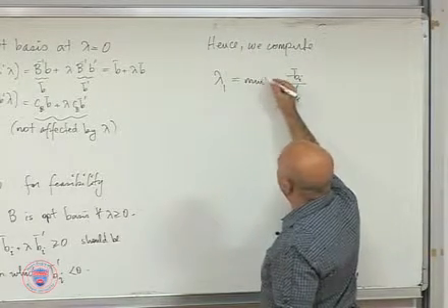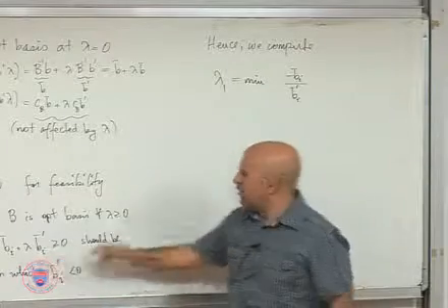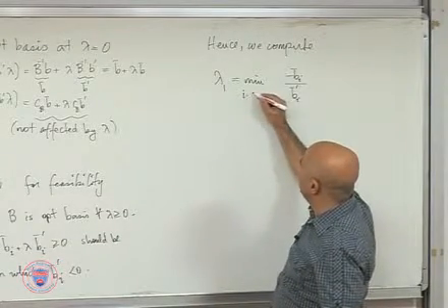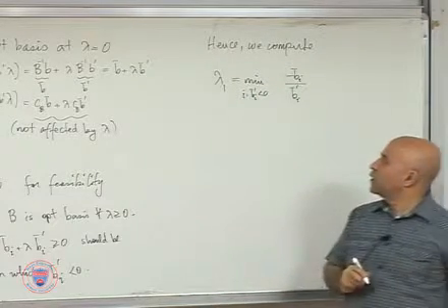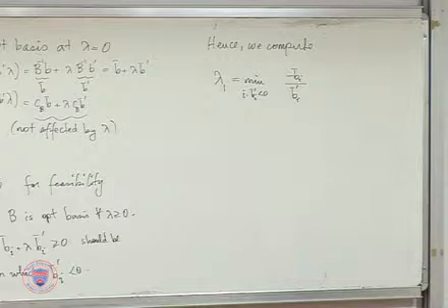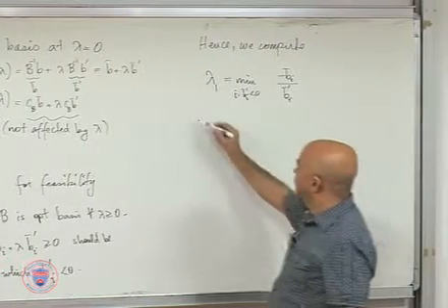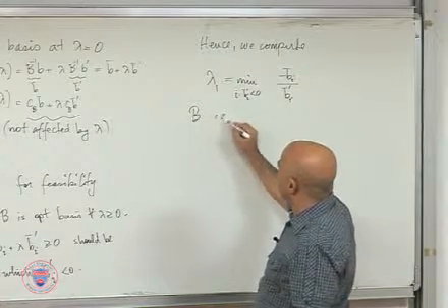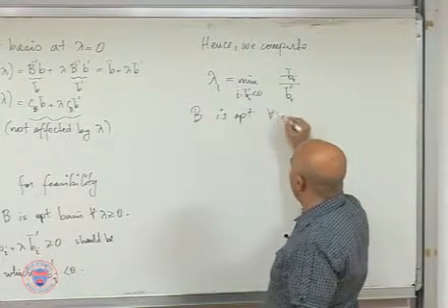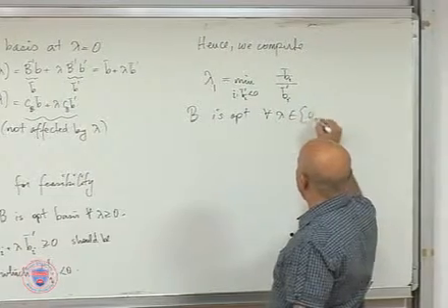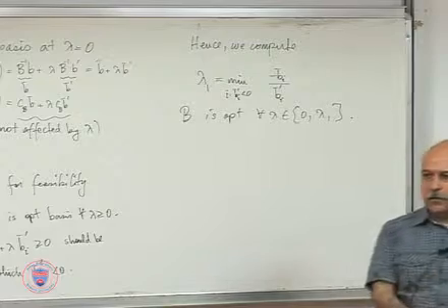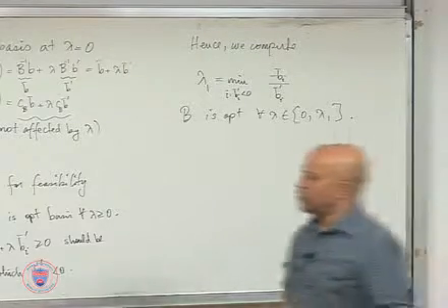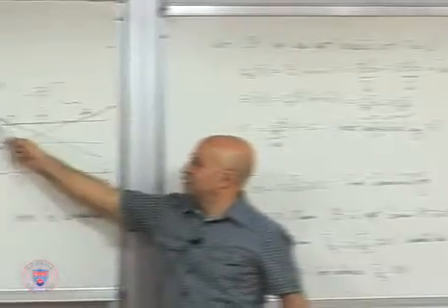You want to compute the minimum such ratio from out of those i for which Bi bar prime is less than 0. B is optimal for all lambda in the interval 0 to lambda 1. That's it. That's the first piece in the picture.